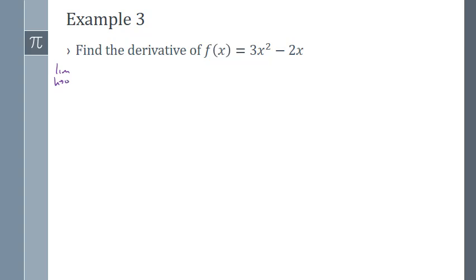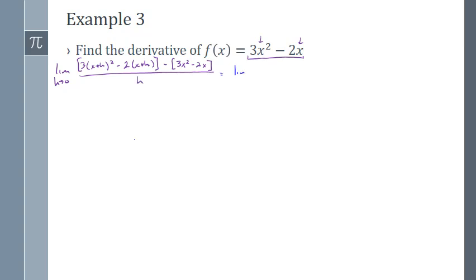We have to be a little bit careful because we have to plug in twice. So we've got 3 times x plus h squared minus 2 times x plus h. That takes care of my f of x plus h, minus 3x squared minus 2x, there's my f of x, all over h.